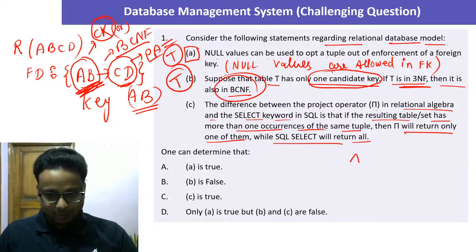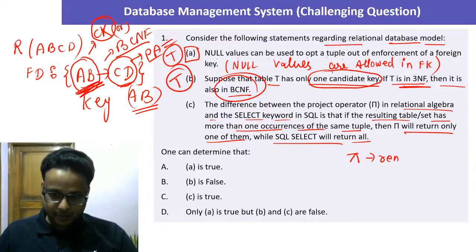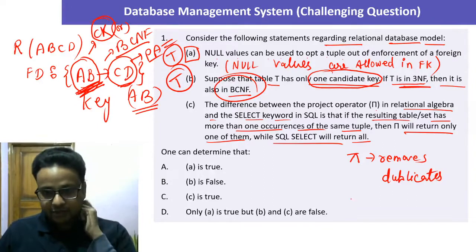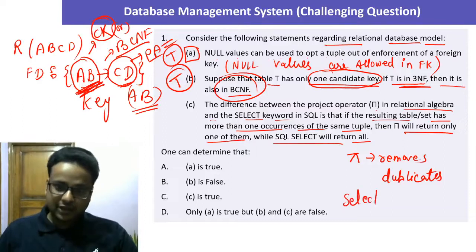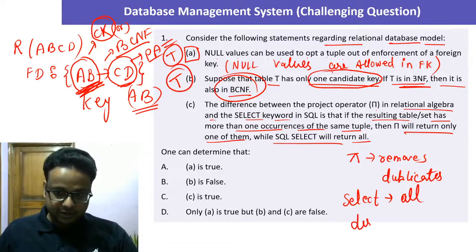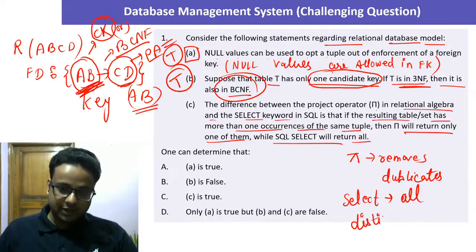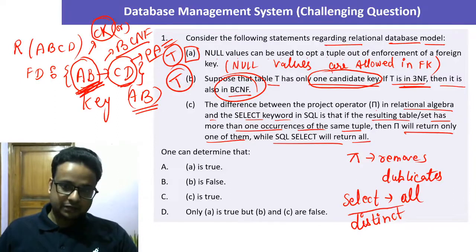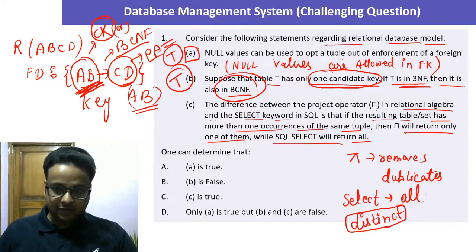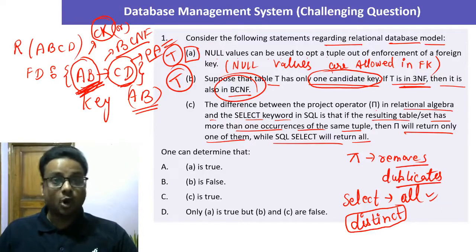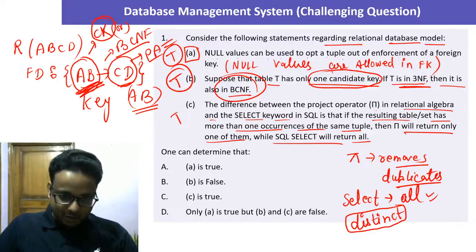So pi removes duplicates, and if you use select, it will not remove duplicates, it will give all. If you use select distinct, then only it will become the same. But if we are not using distinct, it will give all, while here it will remove duplicates automatically. So it is also true.